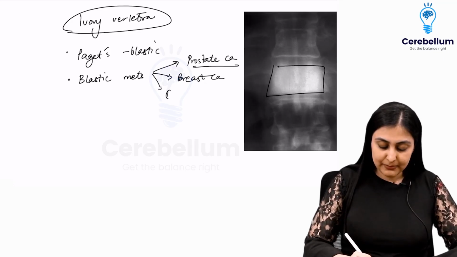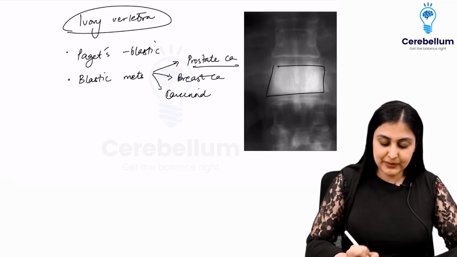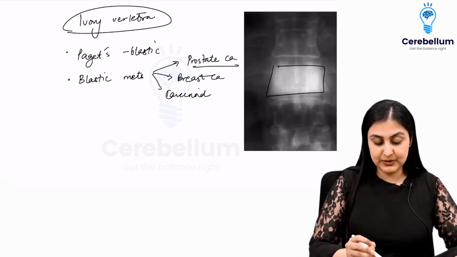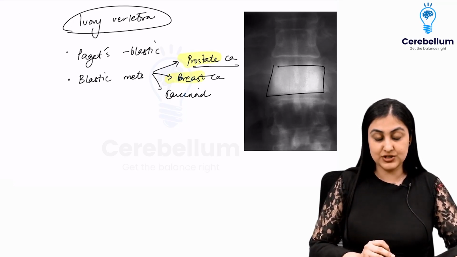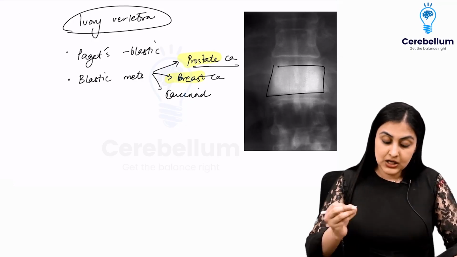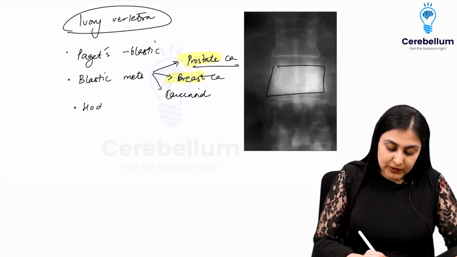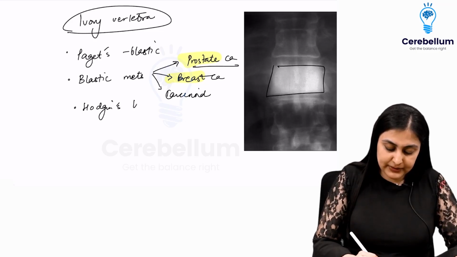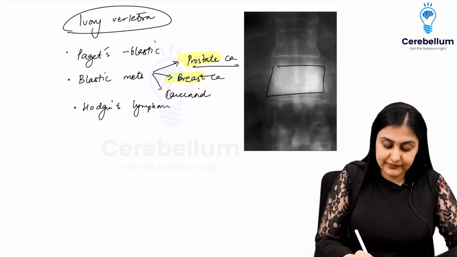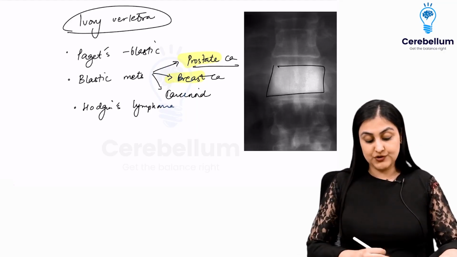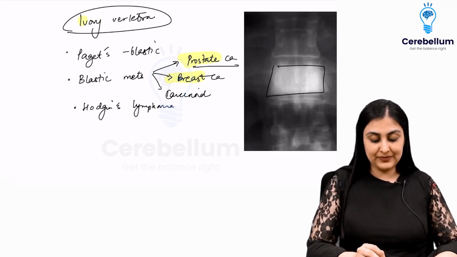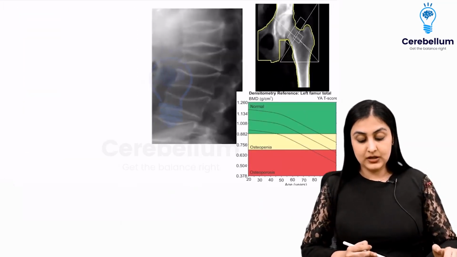Lastly, you can remember carcinoid. So carcinoid metastasis can also be blastic, but what's most important is breast and prostate that you want to remember. Any other differentials? You want to consider Hodgkin's lymphoma as well, can give you this ivory vertebra appearance. Okay, so this is about ivory vertebra.